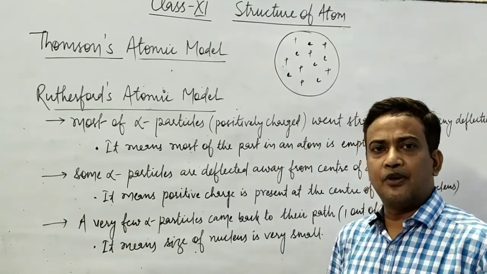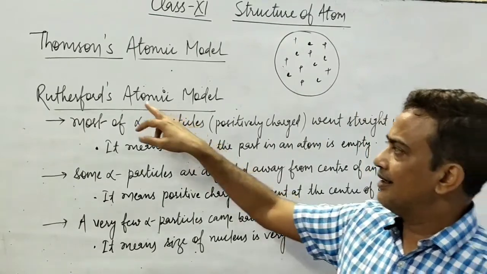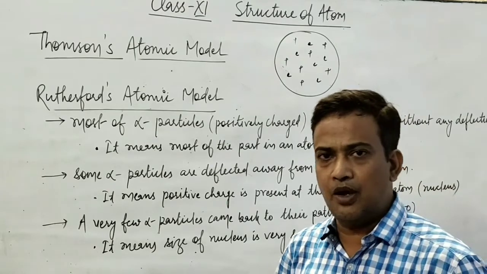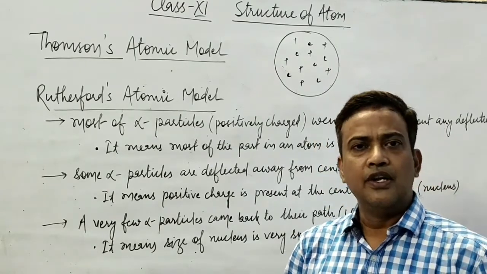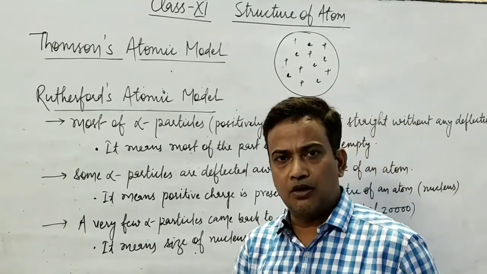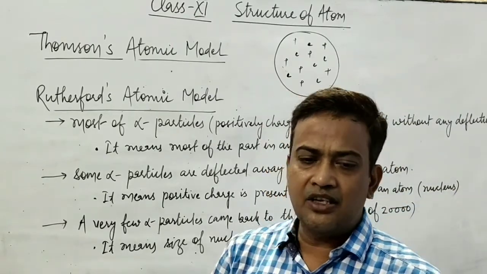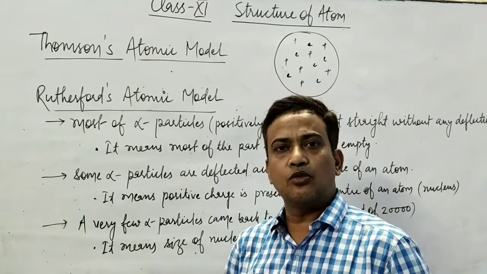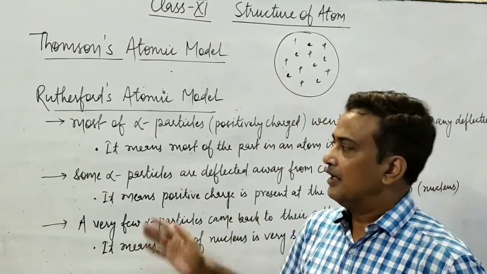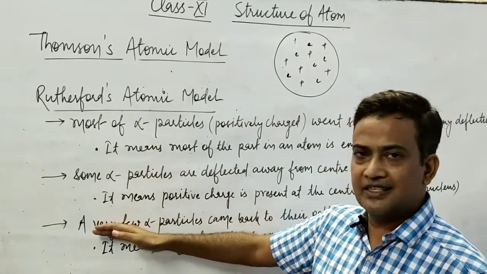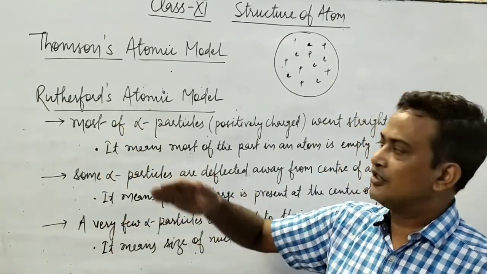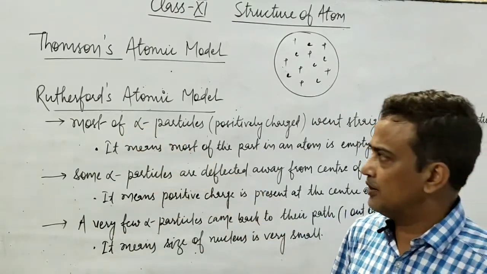Alpha particles are positively charged, and Rutherford made these positively charged alpha particles strike a very thin gold foil, and after passing through the gold foil he studied the deflection in the path of the alpha particles. On the basis of deflection he made some observations, and on the basis of these observations he gave some results. So let's see the observations.